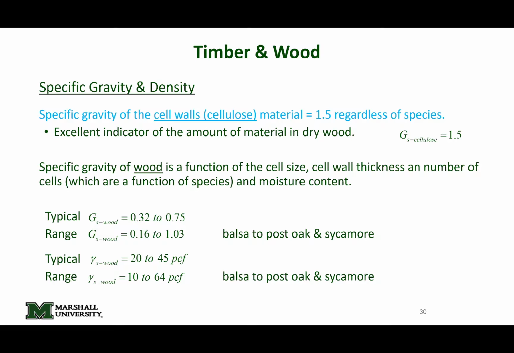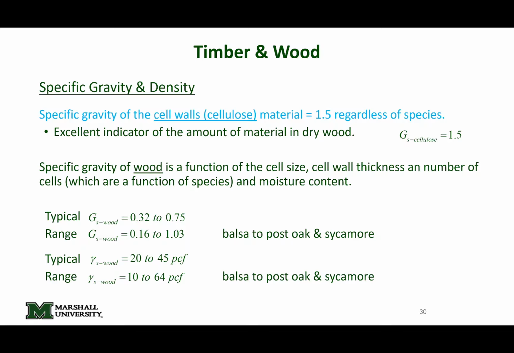But from species to species, you have different sizes of the cells. There are also going to be different moisture contents and so on. So the structure of that material and the amount of water inside it is going to change the specific gravity. And you can go from like balsa to sycamore and get some pretty wide ranges, okay?